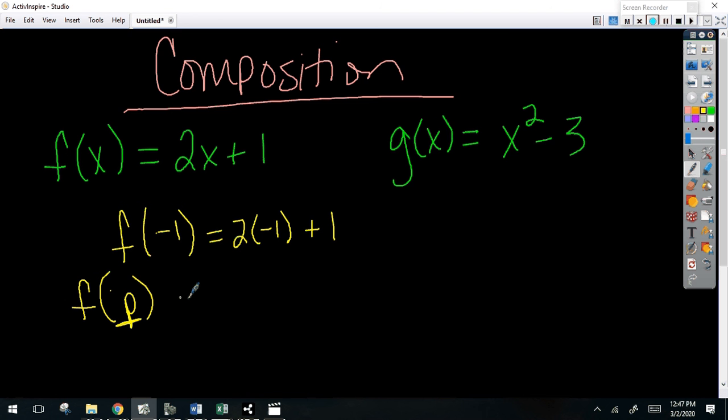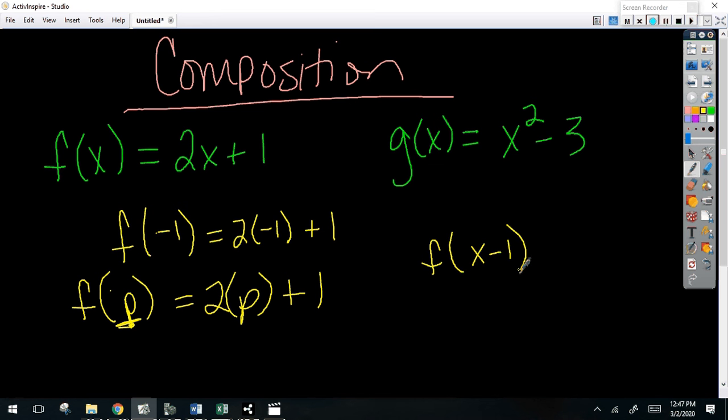The point I'm trying to get to is, whatever is in parentheses is what's replacing the x, right? What if I asked you to find f of x minus 1? You plug it in. So I have 2 times x minus 1 plus 1. Does that confuse anybody? Whatever's in the parentheses is what goes into place, right?